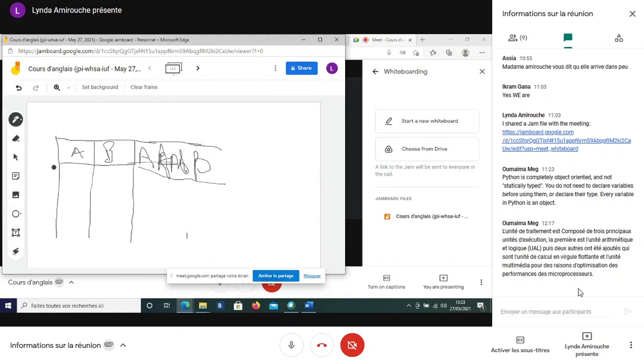But if they are together, how many combinations do you have for A and B? 4 combinations, okay? In the first one, both values of the 2 variables are false. So I have 0 for both. What is the value of A and B?